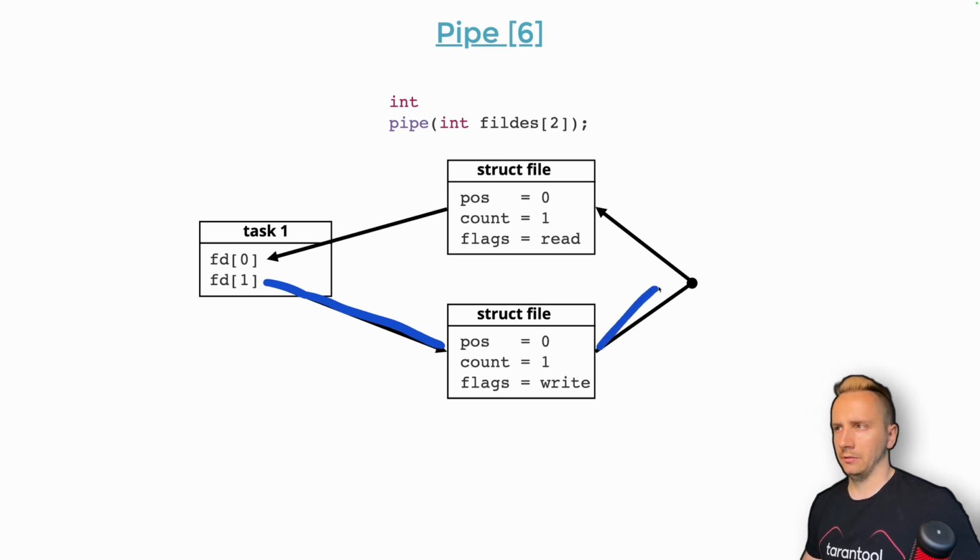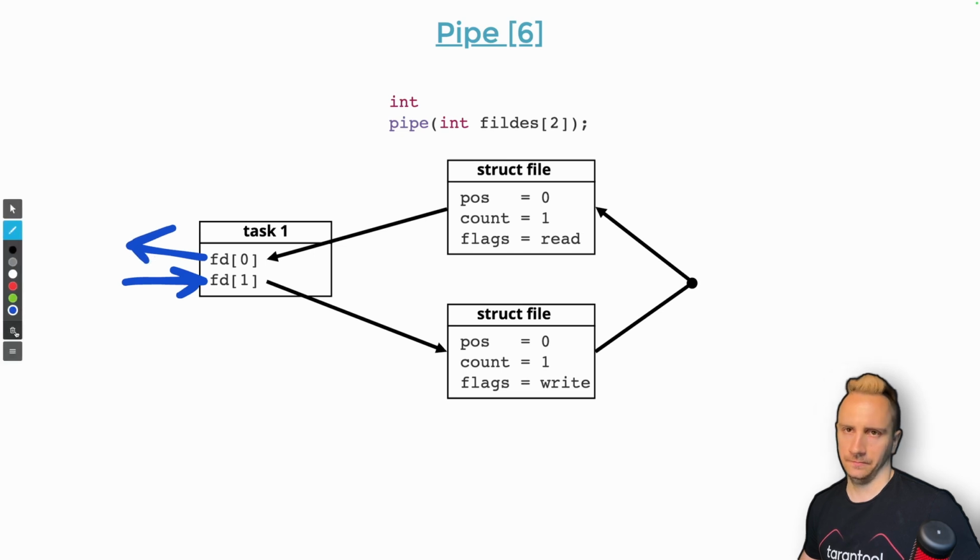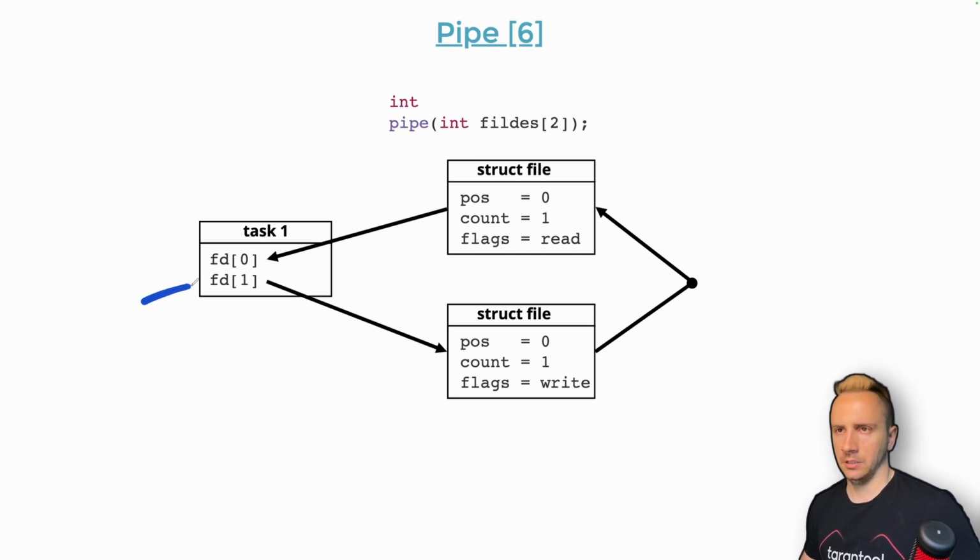And what you write to that descriptor, you can read back from the descriptor fd0. So you write here, and you will read the same from here. This is like 2 ends of the pipe. This is input of the pipe, this is output of the pipe.